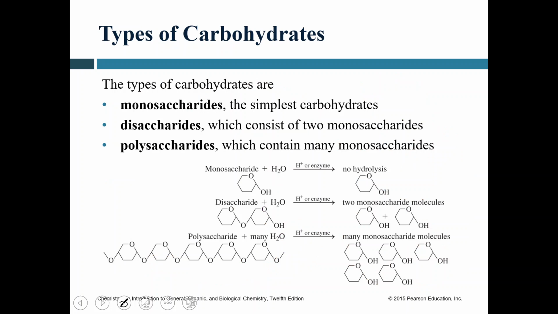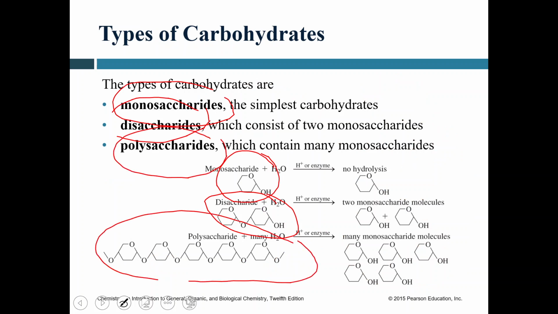Carbohydrates are generally divided into monosaccharides, which are the simplest carbohydrates, disaccharides that consist of two monosaccharides connected to each other by a covalent bond, or polysaccharides, which contain many monosaccharides in long chains that are sometimes branched.